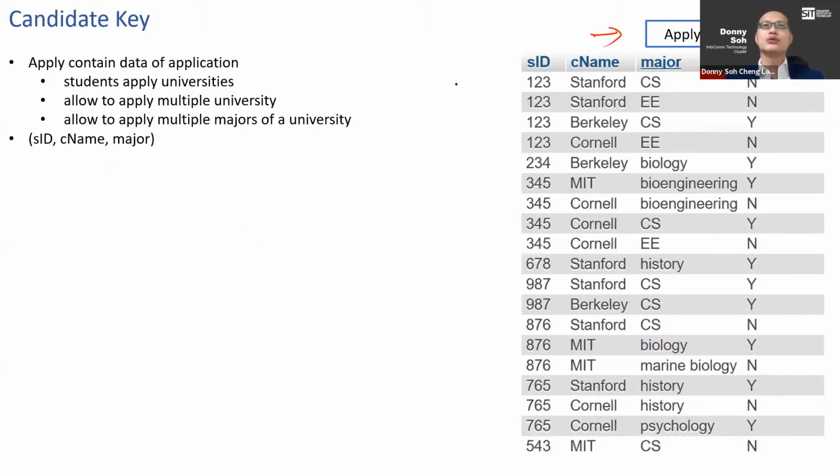So in this situation, ID is not going to be a unique ID. It's not going to be unique because a student is able to apply for many different universities. So student 1, 2, 3 actually applied to three universities: Stanford, Berkeley, and Cornell.